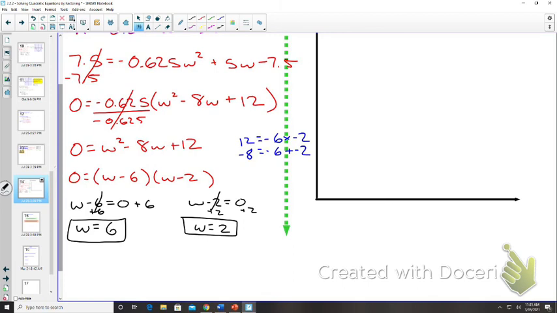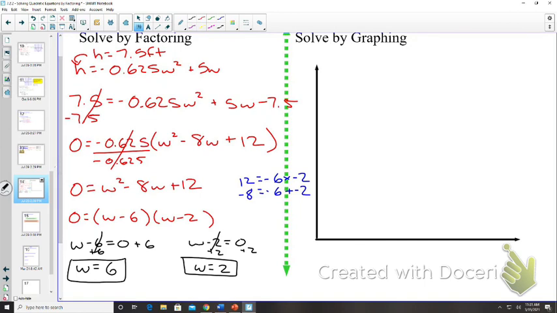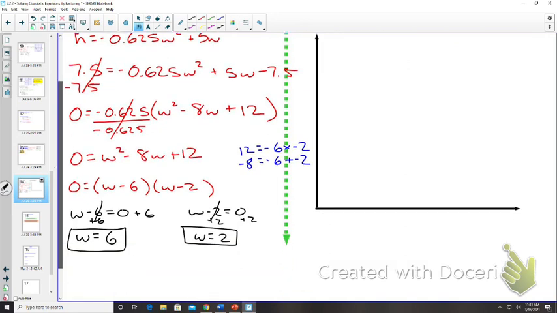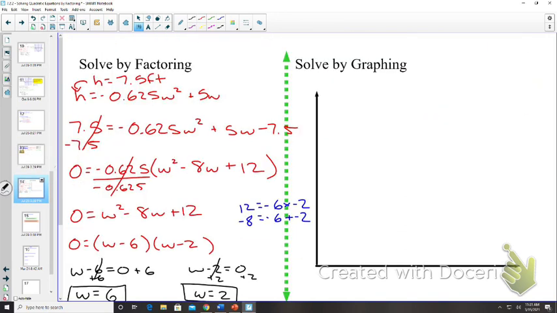So what does this tell us? Well, what was our x-axis? The x-axis was w.